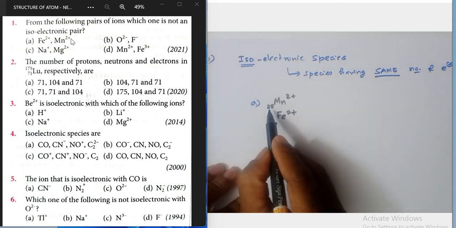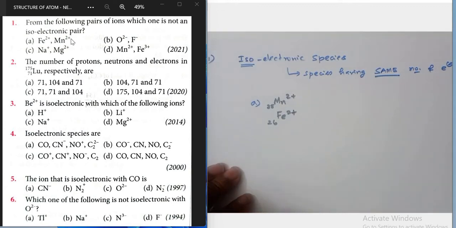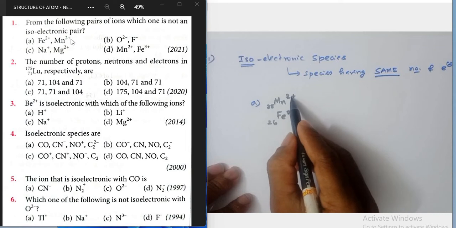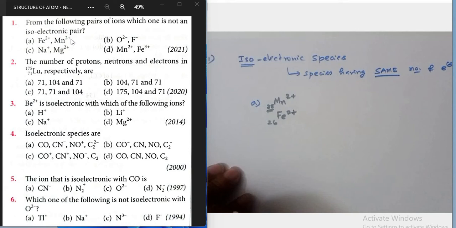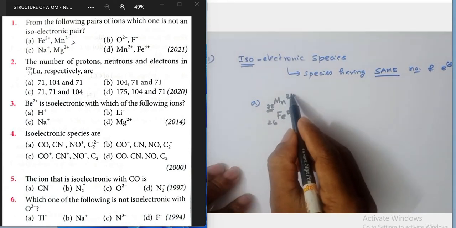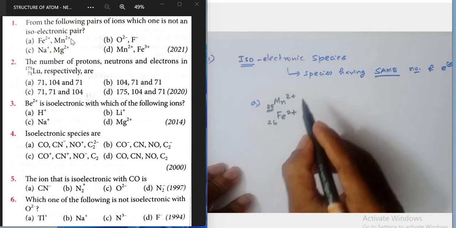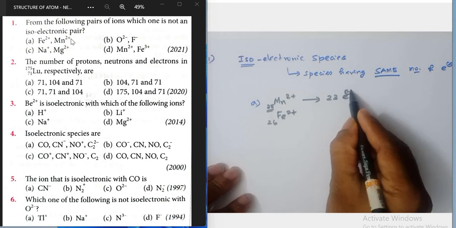That means neutral manganese has 25 electrons, but here manganese is given with 2+ charge. If you remove 2 electrons from manganese, you get 2+. So if you remove 2 electrons, the number of electrons becomes 23.